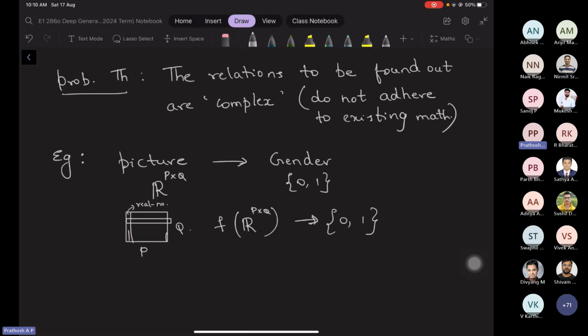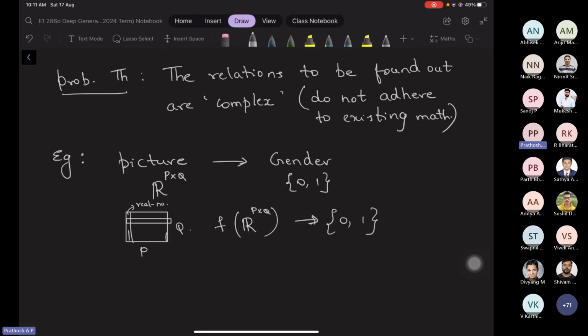Think about it. Remember how these pictures were obtained. How are these P cross Q numbers obtained? In the background, some person is standing or sitting, and you have a sensor, which we call a camera. Light falls on that person and reflects some electromagnetic radiation back, and those radiations are sensed by the sensor.